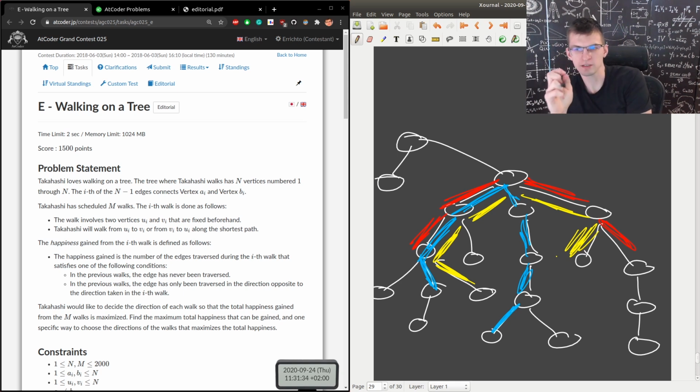I maximize the number of edges where we traverse in both directions. Well, the only thing I can decide about is for every color, which direction we go.